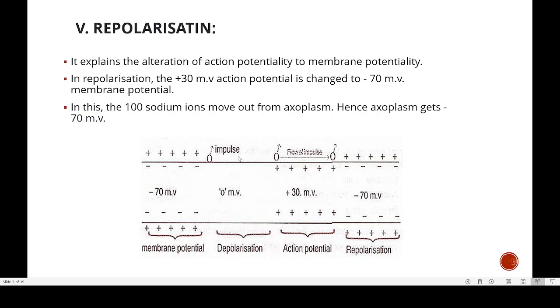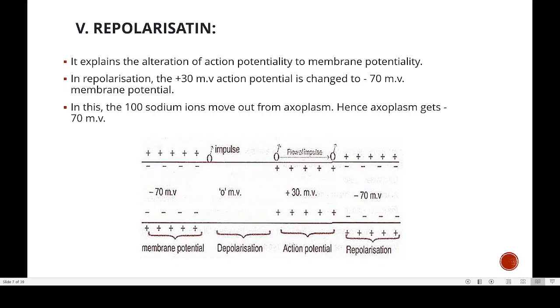So when 100 sodium ions are entering here, the charge becomes positive 30. When 100 sodium ions are moving out again, the charge becomes minus 70 again, and that event is known by the name repolarization.